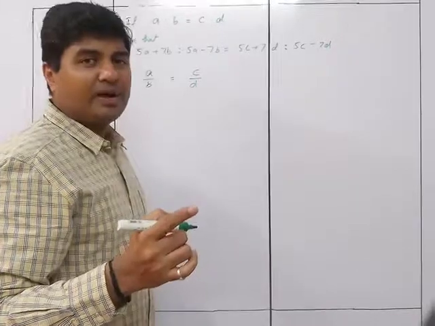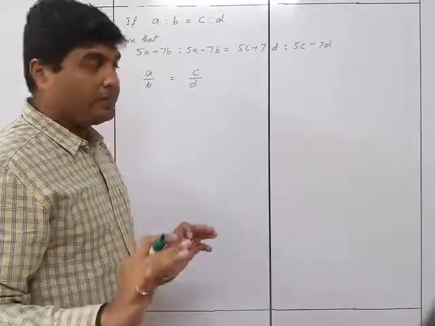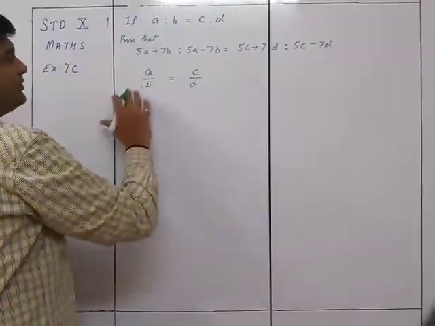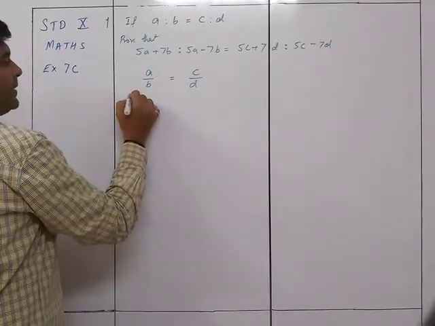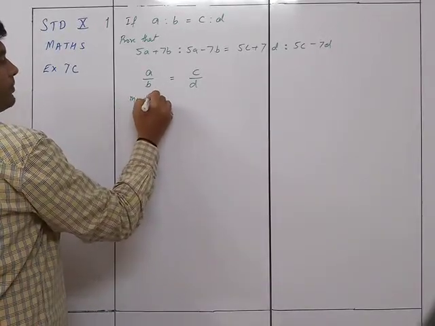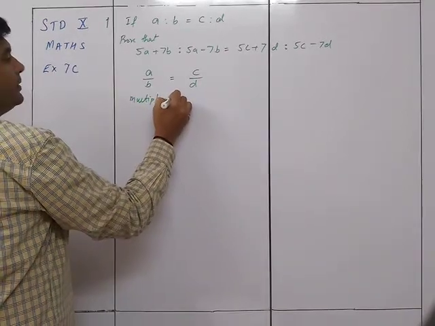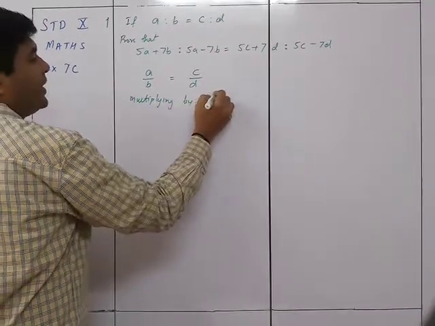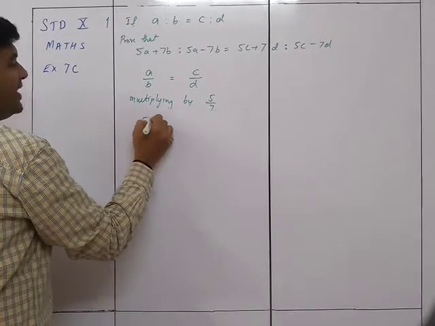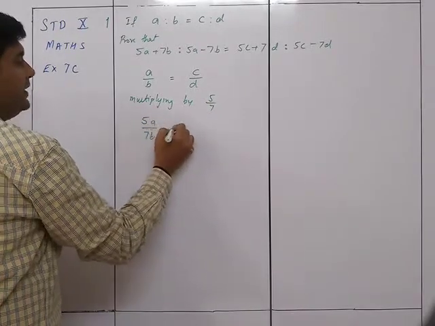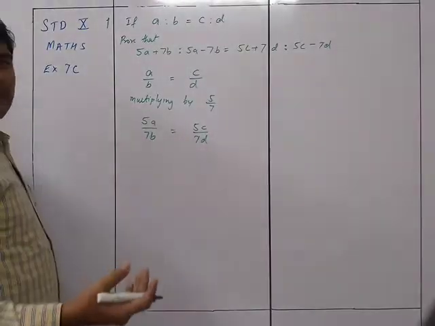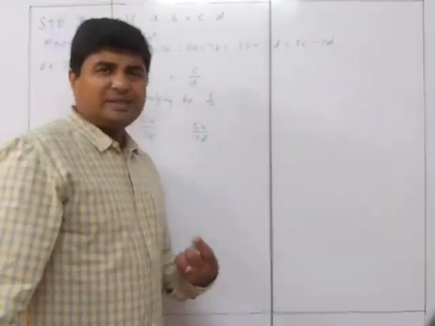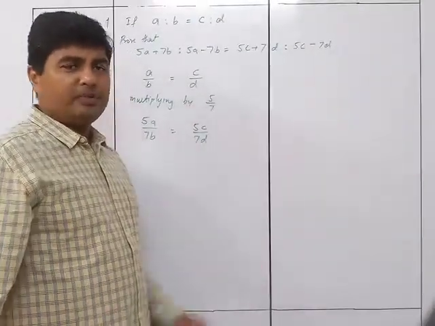If there were different numbers, I would not have used this method at all. Now multiplying by 5 upon 7, we get 5A upon 7B is equal to 5C upon 7D, because you are just multiplying both sides by 5 upon 7.